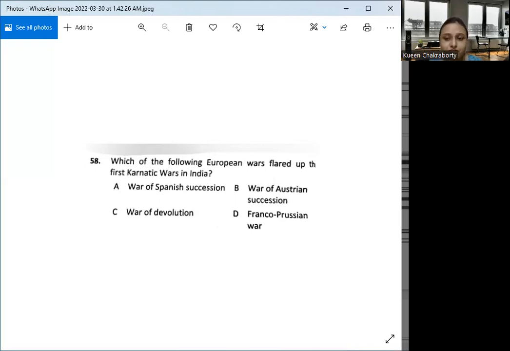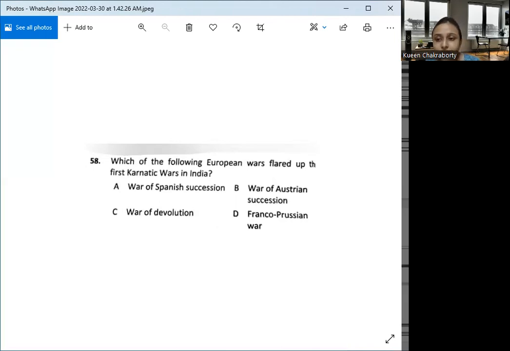The War of Austrian Succession flared up the first Carnatic War in India, fought between 1746 and 1748. It was the first of a series of Carnatic wars that established early British dominance on the east coast of the Indian subcontinent.